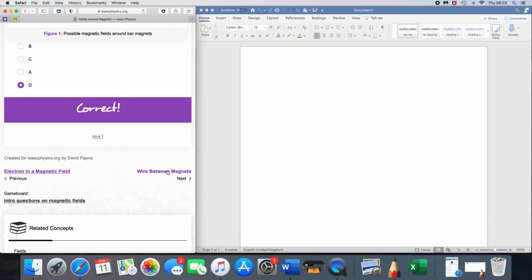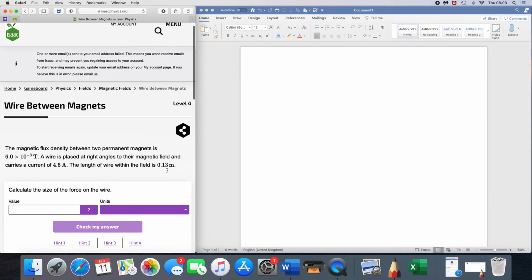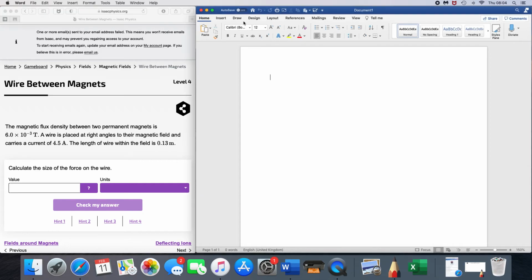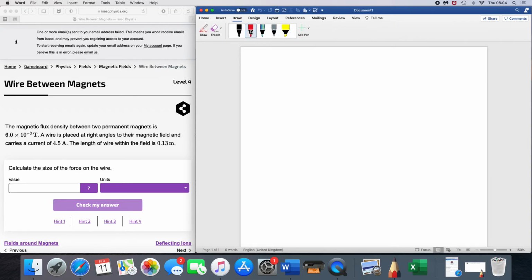If we then go on a little bit more quantitative, we have magnetic flux density between two permanent magnets is 6 times 10 to the minus 3 Tesla.